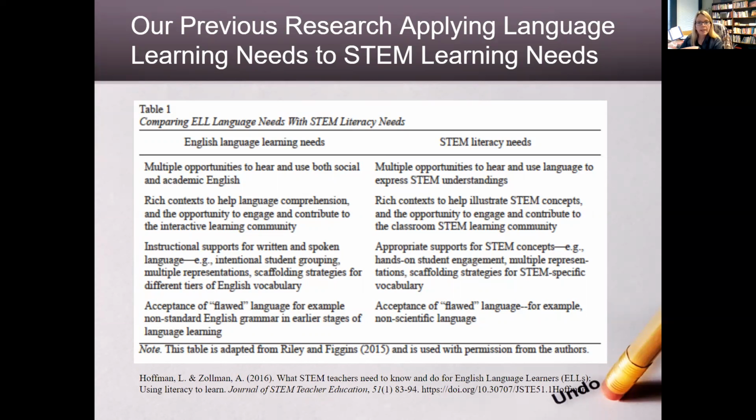When we look at the types of language that a student needs to learn when learning English, for example, there are some parallels to the kind of language and literacy skills that students need to learn in STEM disciplines.